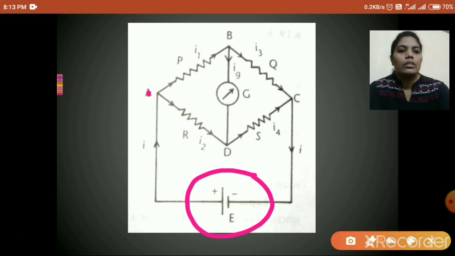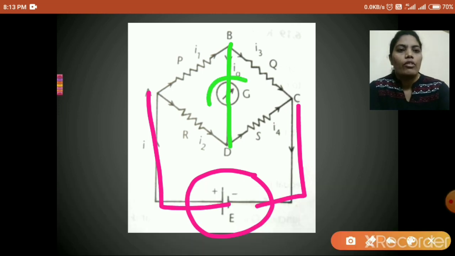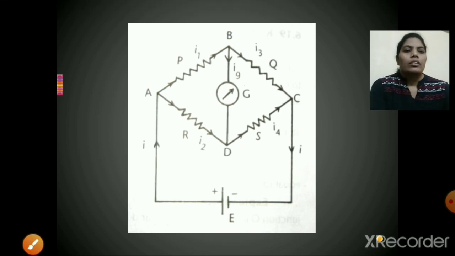So the battery is at A and C, and the galvanometer is at B and D. Now there are four resistors P, Q, R, S.